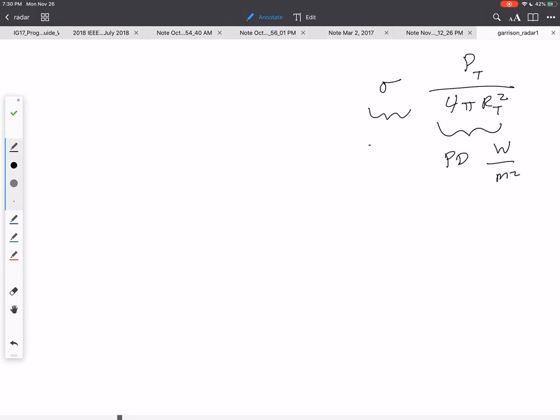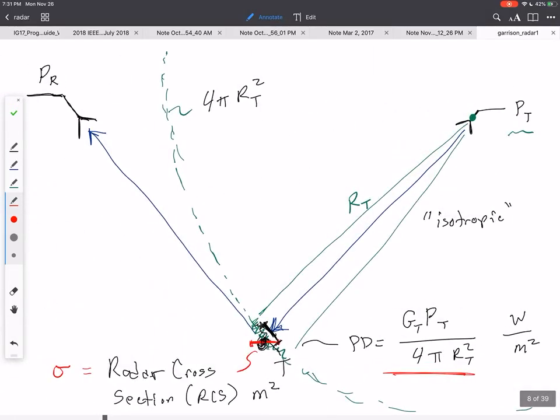This is my radar cross section, or scattering cross section, in area. So the combination of these two has dimensions of power, and I can now think of my little target as a new source that's radiating this much power. And where's all that power going?